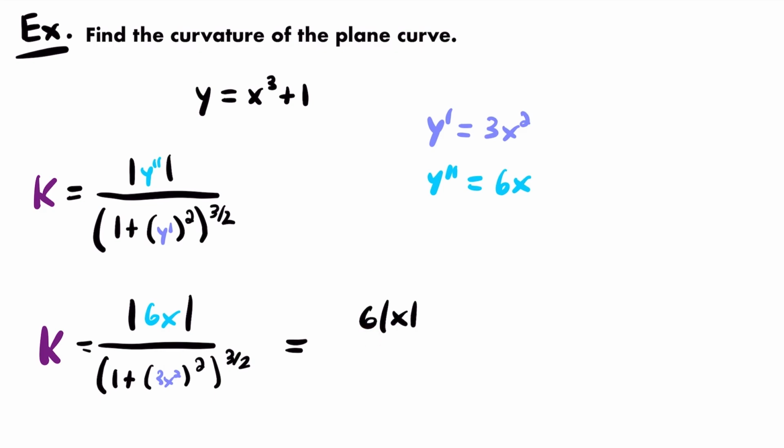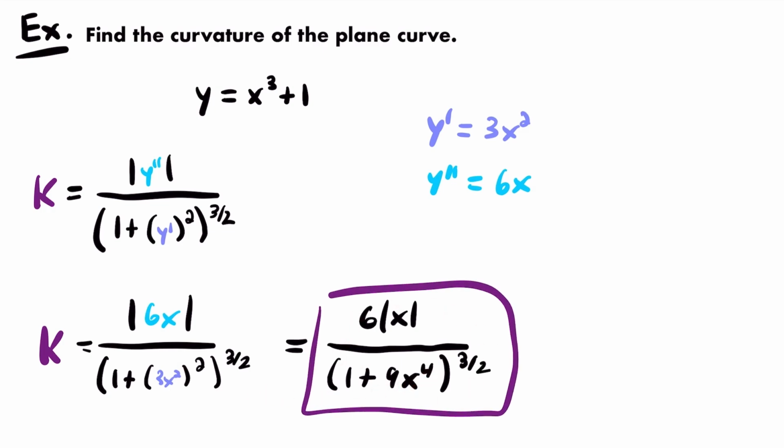You can pull out the 6 because 6 is always positive, but then you want to divide by 1 plus 9x to the power of 4, to the 3/2 power. 3 squared is 9, x squared is x to the 4th power, and so there you have it. That right there represents the curvature of this plane curve. If you want to know the specific curvature at a point given by an x coordinate and a y coordinate, you can just plug in the value of x into this formula and you will get the curvature.